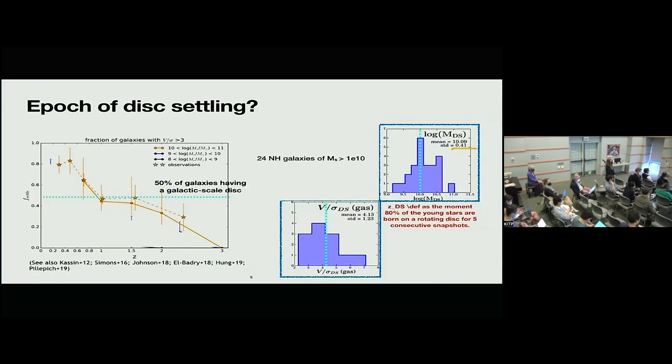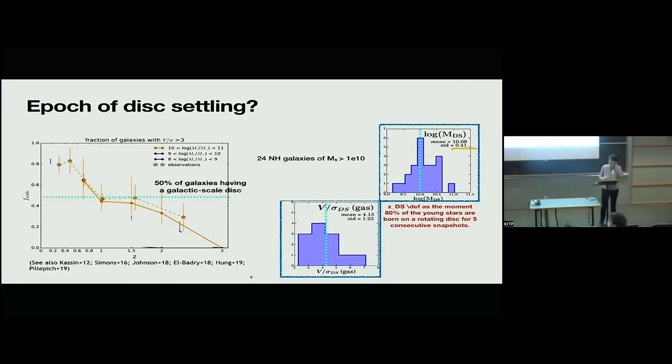Subgrid physics. But forming new stars on a thin disk and then natural disk heating afterwards compete with each other, mysteriously maintaining a Q parameter of about 1. That's what we find.